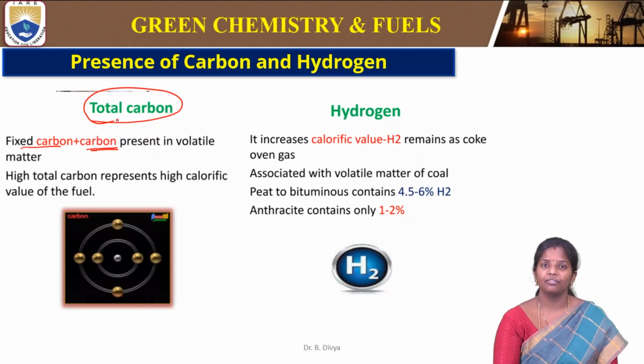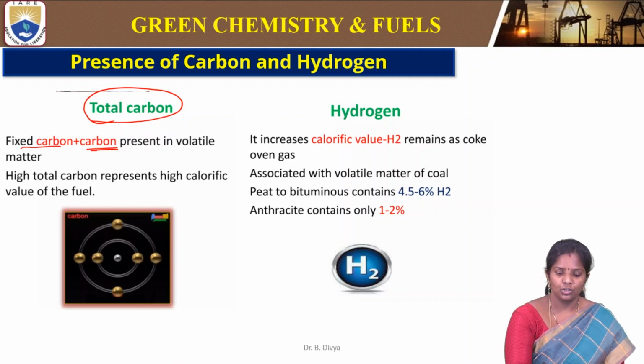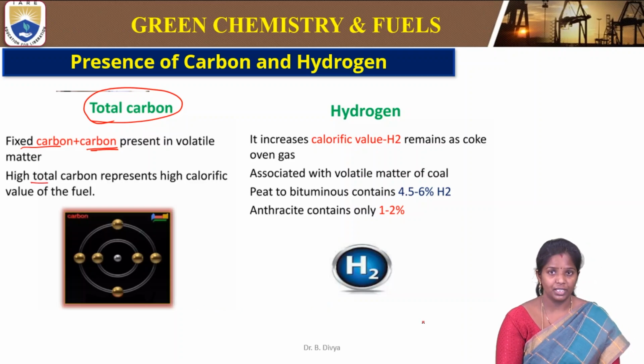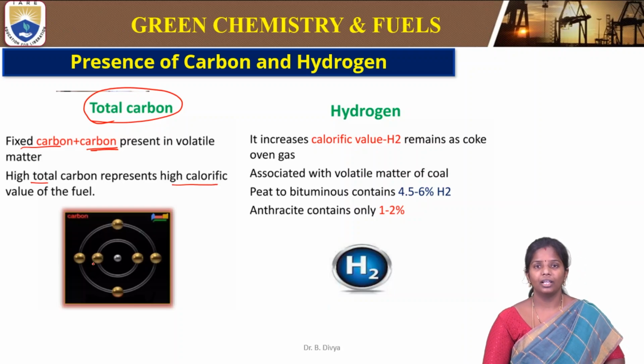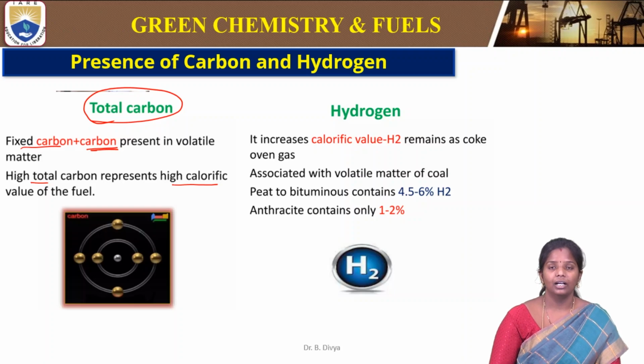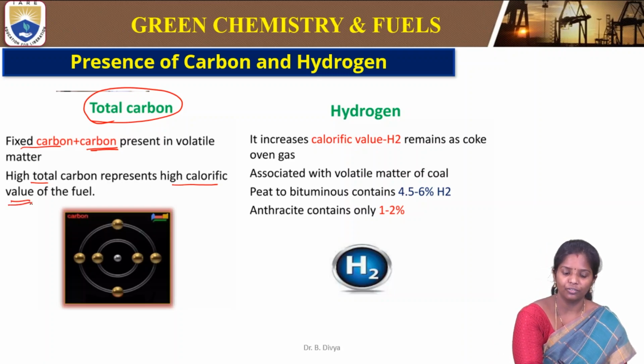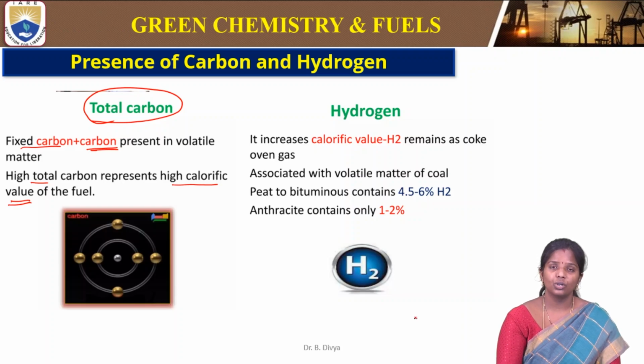High total carbon represents high calorific value of the fuel. Our intention is to have high energy coming out from the fuel, and that will happen only if we have high calorific value, which is obtained only when we have high carbon content.